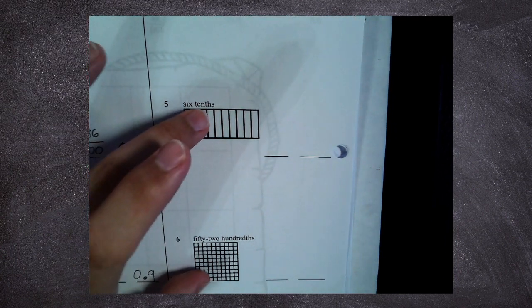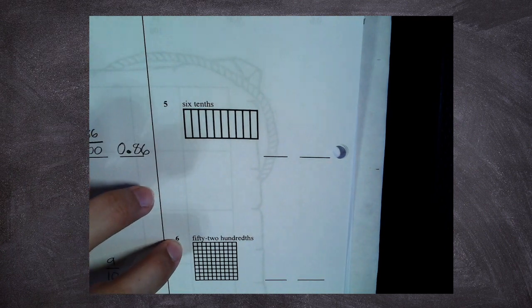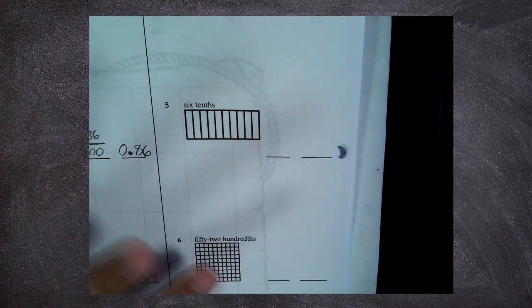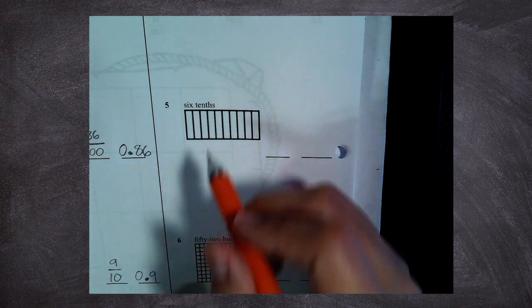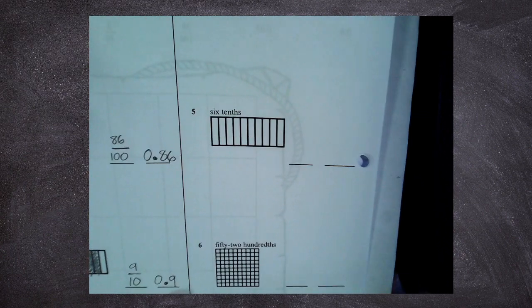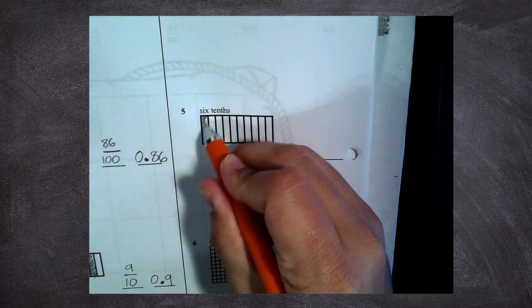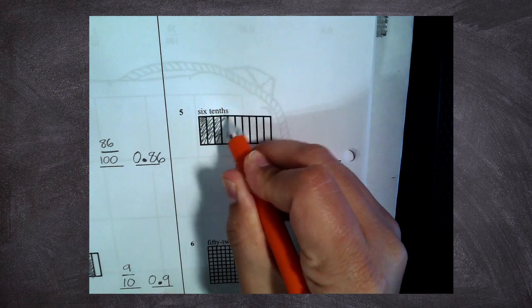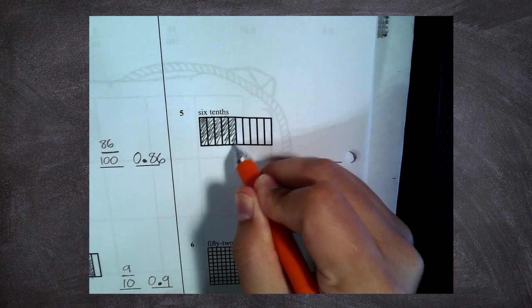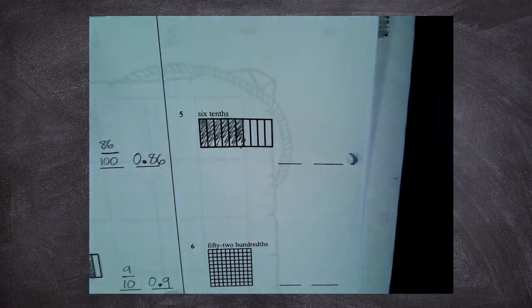I want you to try to figure out 5 and 6 on your own. I'm going to show you the model, but then I want you to try to figure it out on your own. Then I'll show you the answers. So for number 5, our model should look like this. We have 1, 2, 3, 4, 5, and 6.